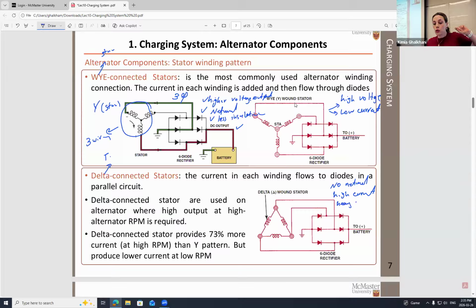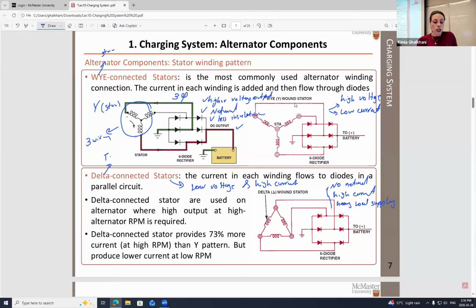So if I want to summarize the characteristics of a delta connected stator, I say delta is giving us low voltage and high current. Y connection is giving high voltage and low current. That's the difference between these two.